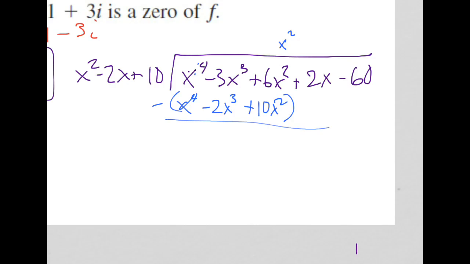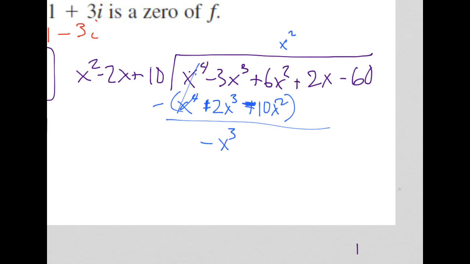X to the fourth minus x to the fourth cancel out. Negative 3x cubed minus negative is like a positive there, so negative 3 plus 2 gives me a negative x cubed. 6x squared minus 10x squared is going to give me a negative 4x squared.